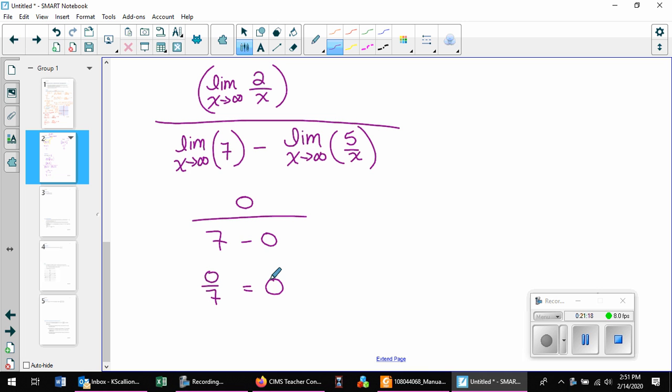If the degree is equal, like an x on top and an x on the bottom, then it's the leading coefficients divided by each other. So if I had like that one, this one would be y equals 2/5. Oh, yeah. Right?